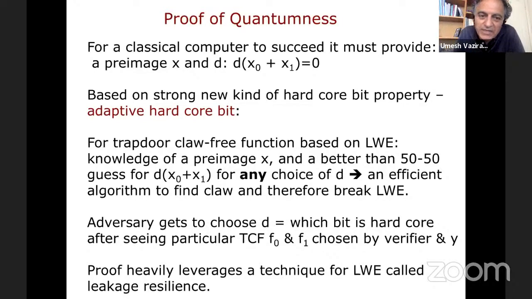In order to do that, we need to say that it's actually hard to hold on to a pre-image as well as this D, such that D dot x0 plus x1 equal to 0, or to know that D times x0 plus x1 equal to C.